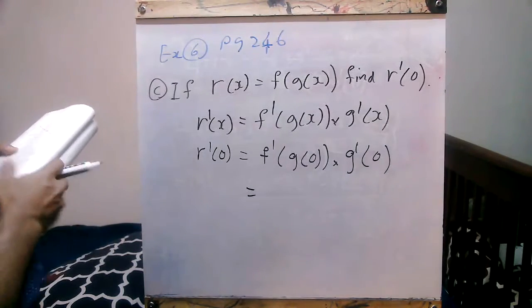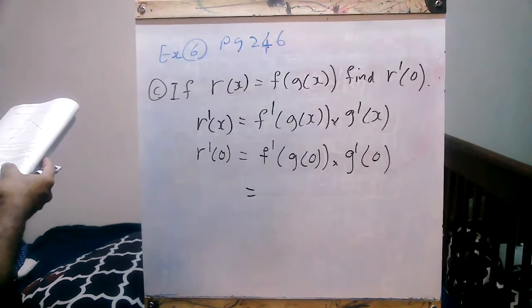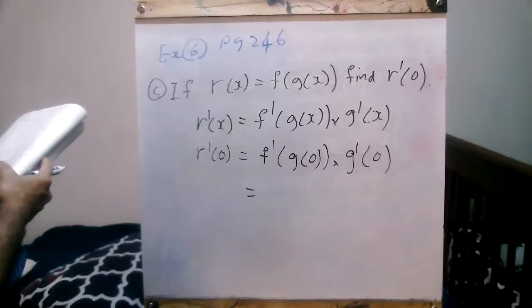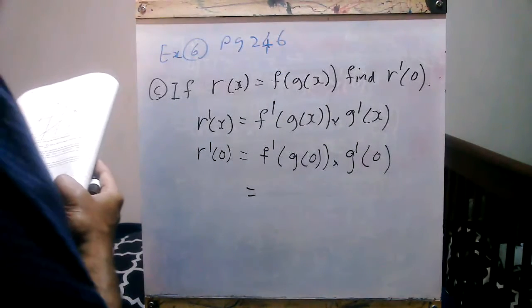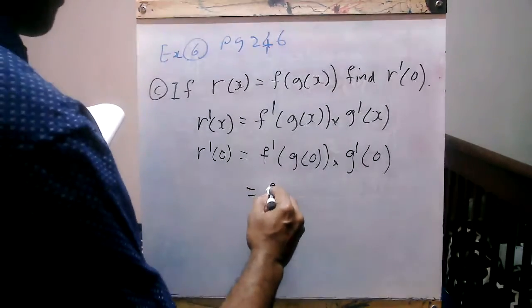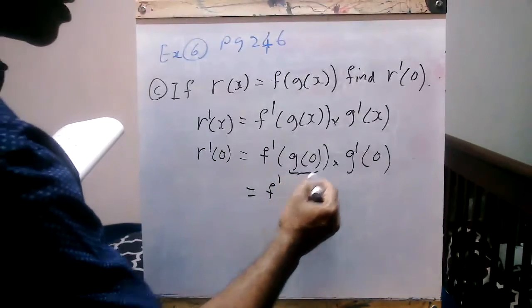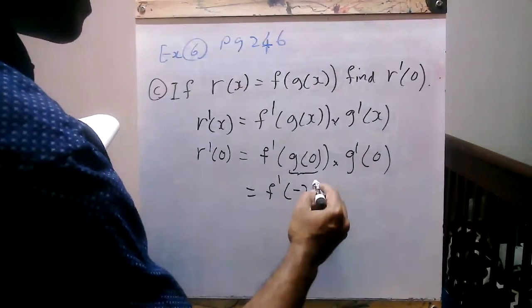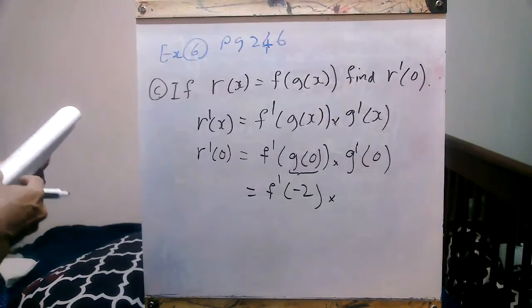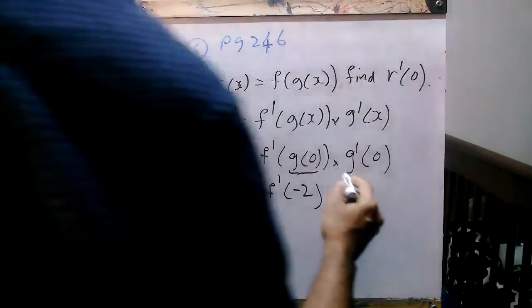G of 0 is negative 2. F' of g of 0, we found this is negative 2, times g'(0). G'(0) is negative 1.